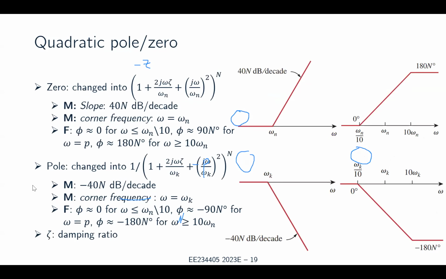And for a quadratic pole, the slope is steeper. Now it's 40n and minus 40n decibels per decade.